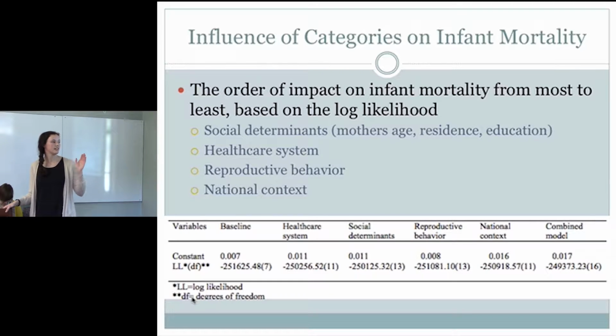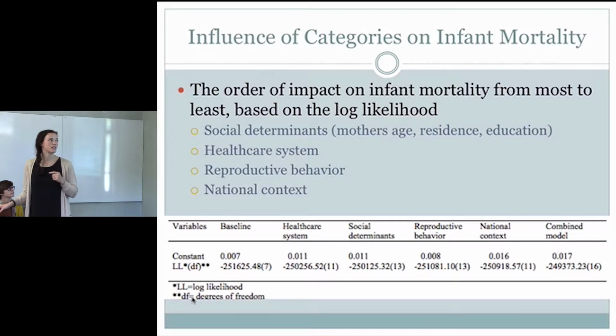So now, this is a log likelihood comparison, which I used to determine which of the 4 groupings had the biggest effect on infant mortality reduction. So from the baseline, you want to see the most reduction in log likelihood. And so here I've listed from the biggest impact on infant mortality reduction to the least.